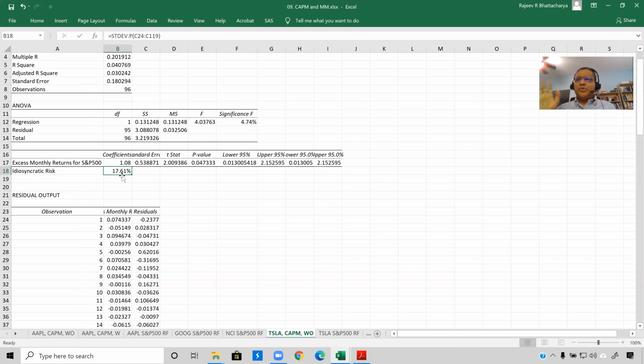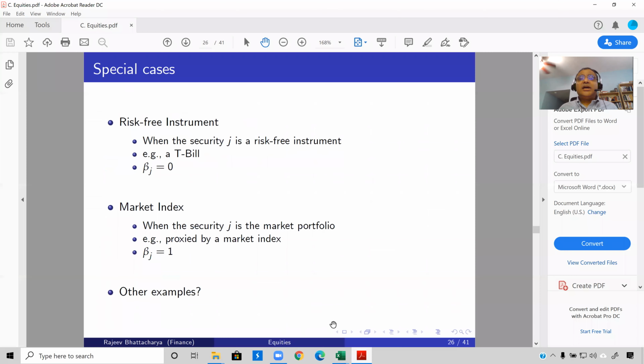Okay, a lot of my research and consulting are on market efficiency. We will talk about that at a later point in this course. And in terms of directly how this idiosyncratic risk turns out to be a driving factor behind market efficiency, there are some slides that I discuss.